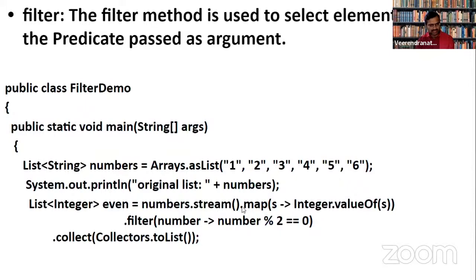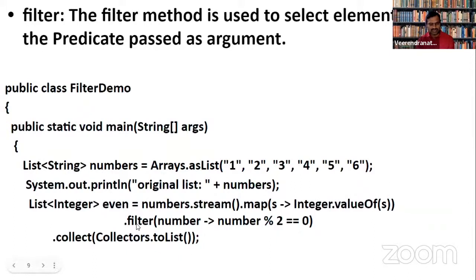Stream is nothing but a flow of elements from the collection. That's what we learned in the beginning. So stream dot map, each element is getting converted into an integer. And now we are going to add a filter.